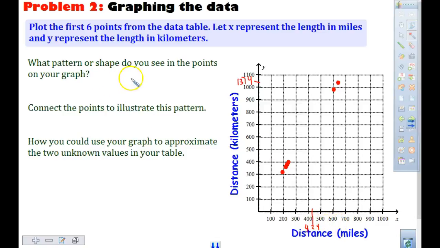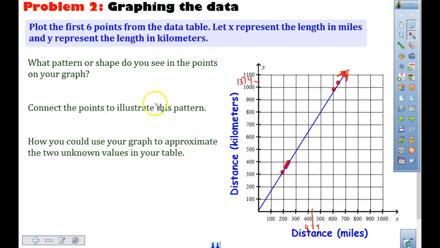So it says, what pattern or shape do you see with the points on the graph? What could I do with these points? Using the edge of your workbook or the edge of another piece of paper, could I make a straight line? No. So it says, what pattern or shape could you possibly see with your graph?